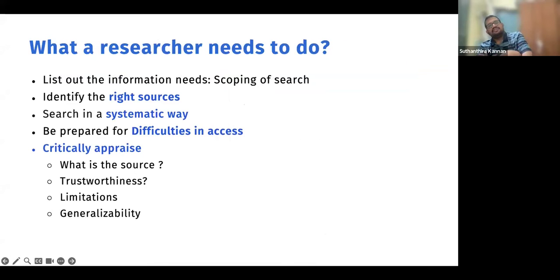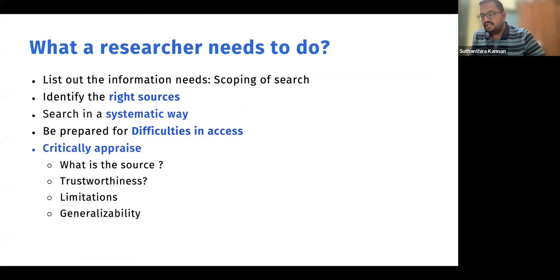So what does the researcher need to do? List the information you need, define the scope of your research, and identify the right resources, whether it is a textbook or a journal article. Always have good communication with your guide. Search in a systematic way. Start from your research question.